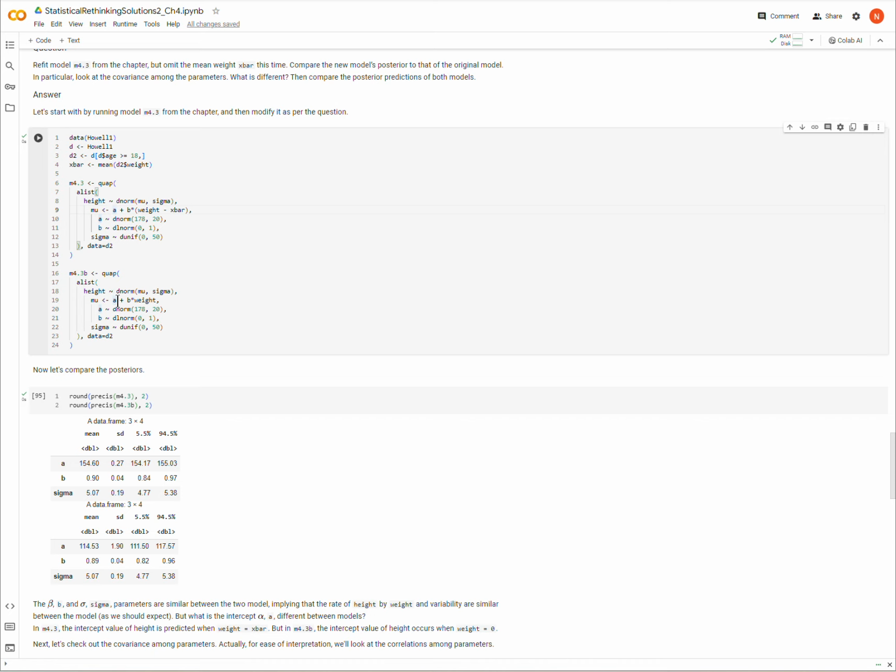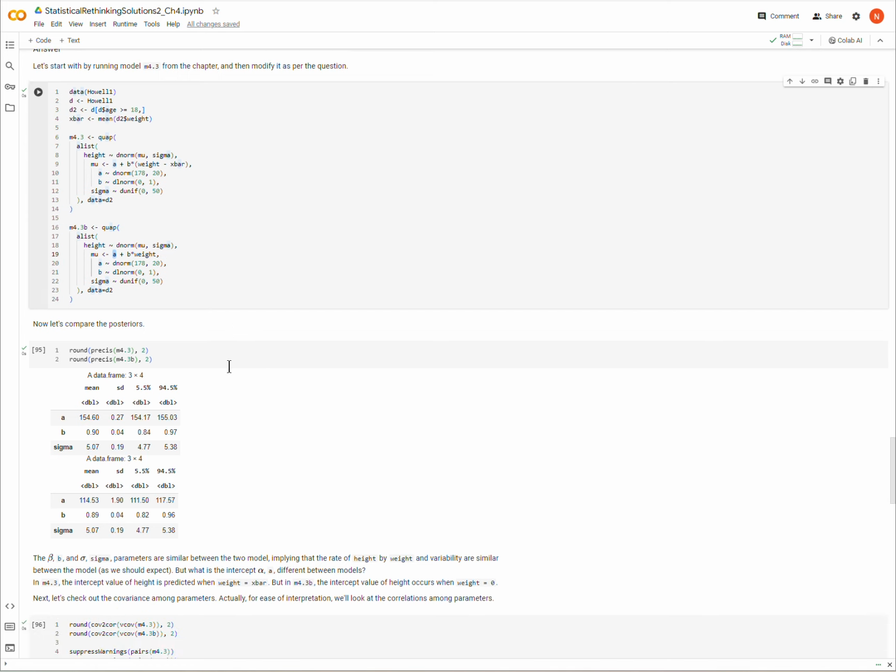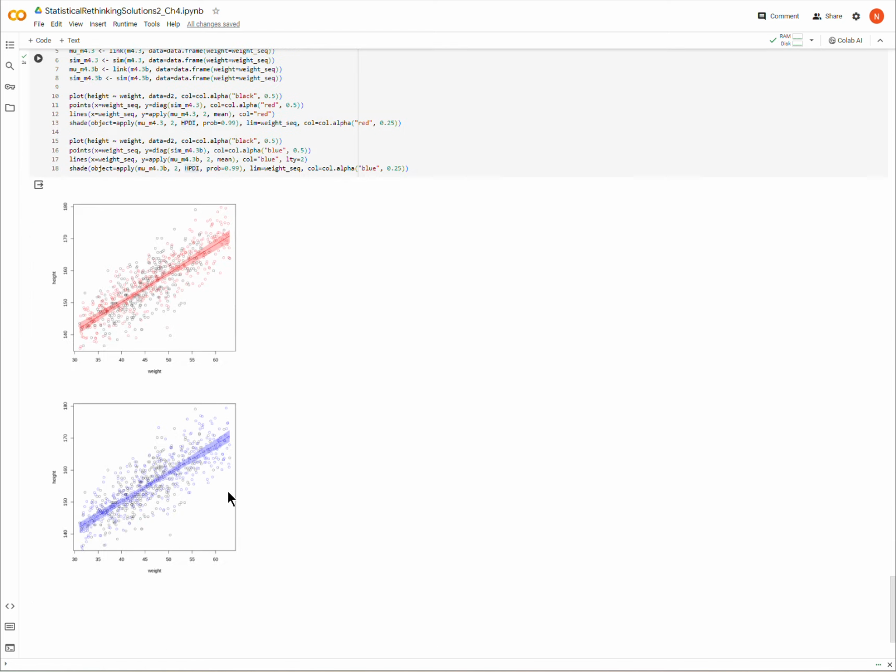Whereas here, alpha has a tougher interpretation because it occurs when body weight equals 0, but body weight never equals 0. And so considerations like this help determine which model might be preferable.